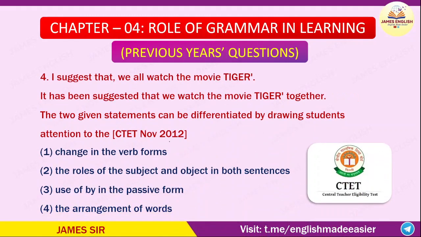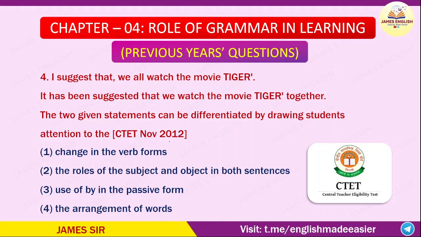Next question. I suggest that we all watch the movie Tiger. It has been suggested that we watch the movie Tiger together. The two given statements can be differentiated by drawing students' attention to the dash.